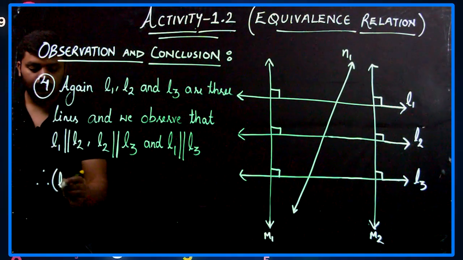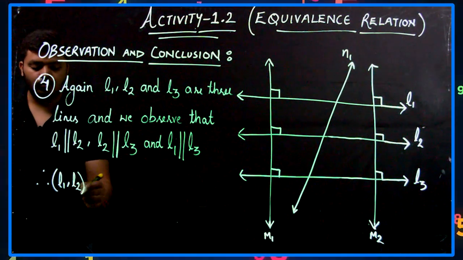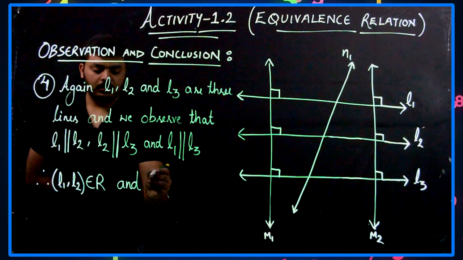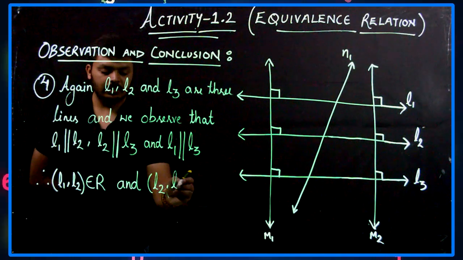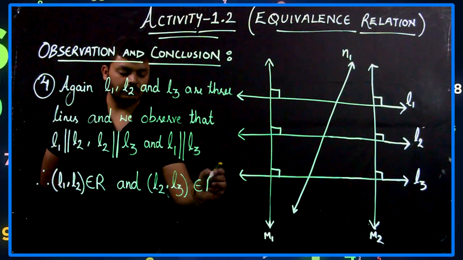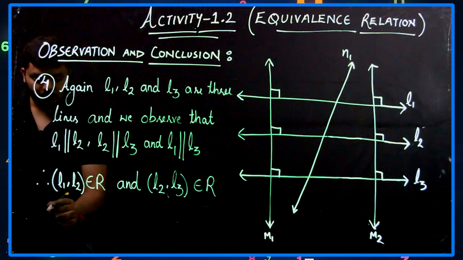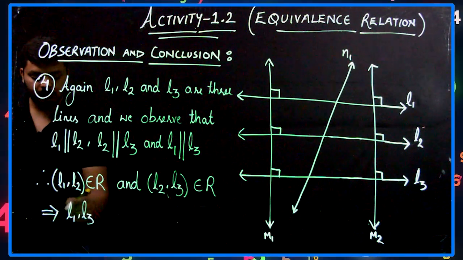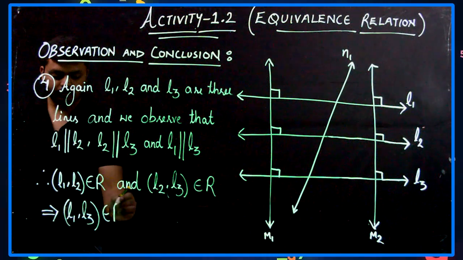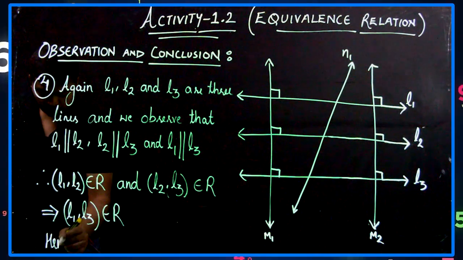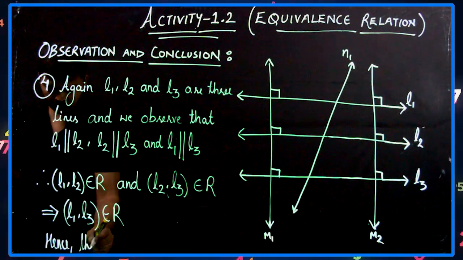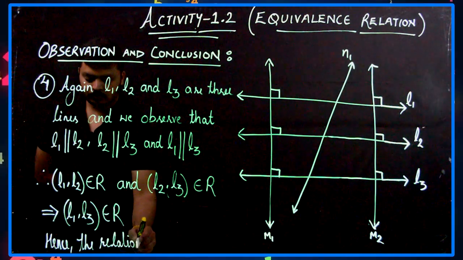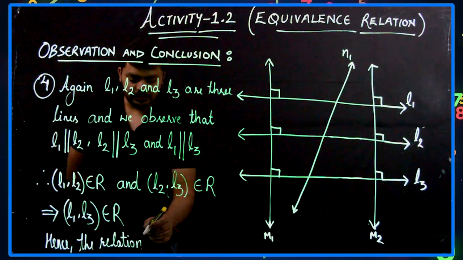Therefore, (L1, L2) belongs to R and (L2, L3) belongs to R. Therefore, it implies that (L1, L3) belongs to R. Hence, the relation R is transitive.